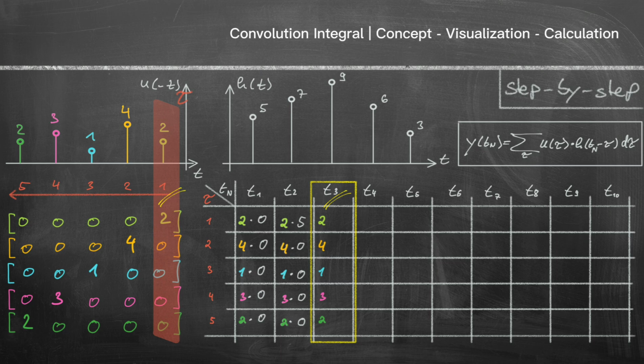So we get h at the second time step, which is 7. Therefore, the first entry in the third column is 2 times 7. In the second row, we get 4 times h of 3 minus 2, which is h at the first time step, which is 5. So the second entry is 4 times 5, and so on.